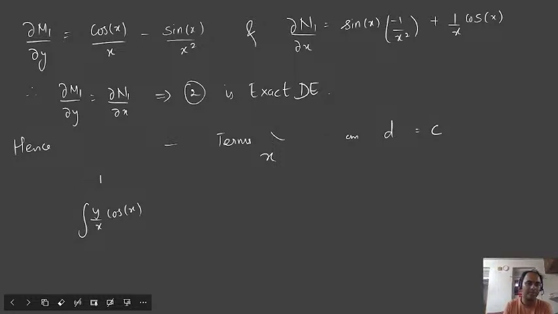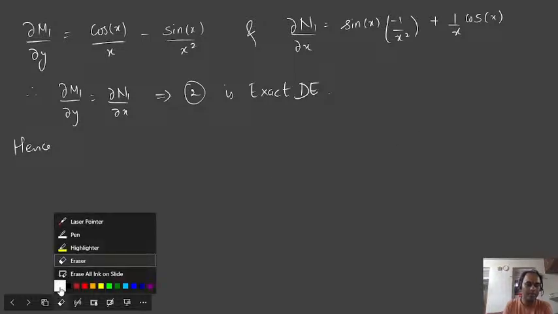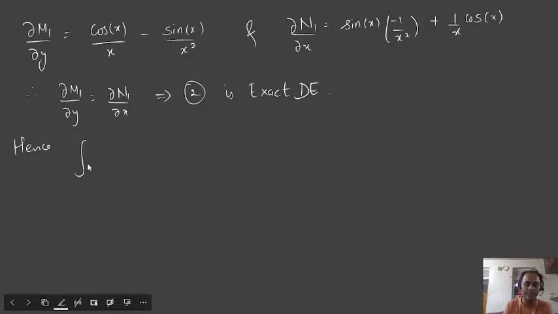Okay, so we use the second version of the formula, because integration of cos x over x is a troublesome thing for us at the initial stage. So what we will do, we will rather write the formula the other way round.